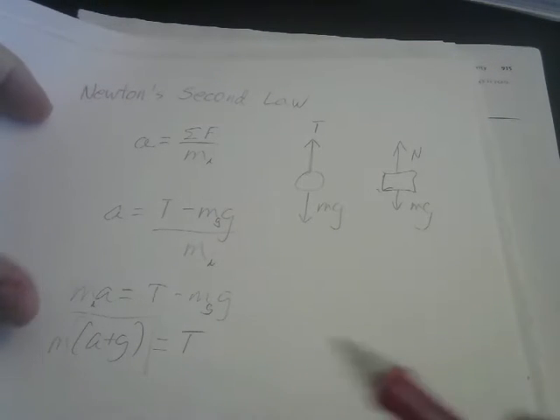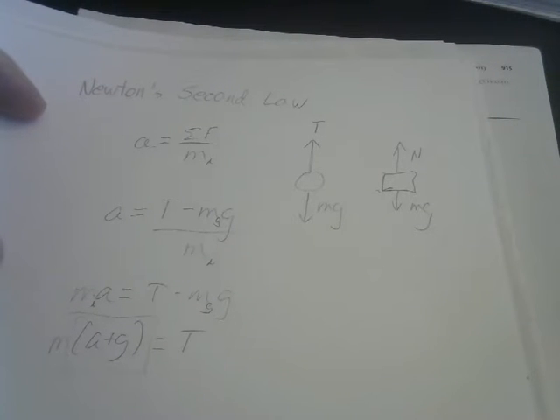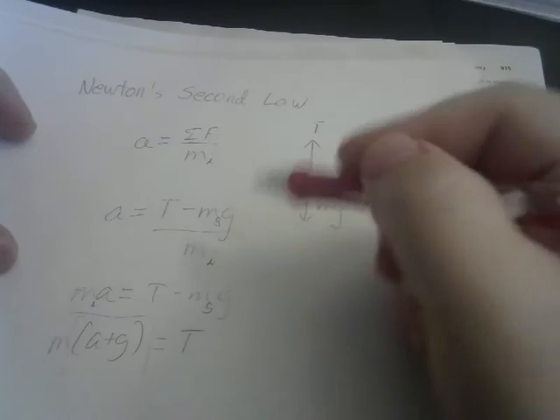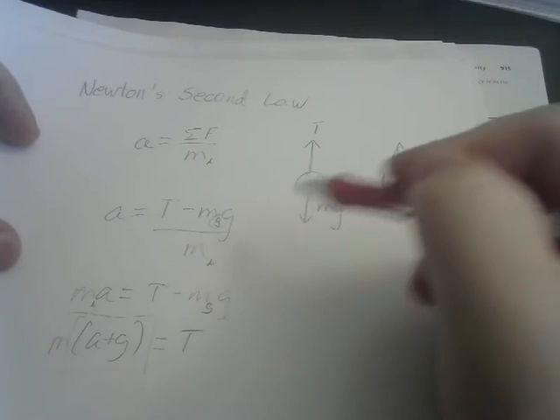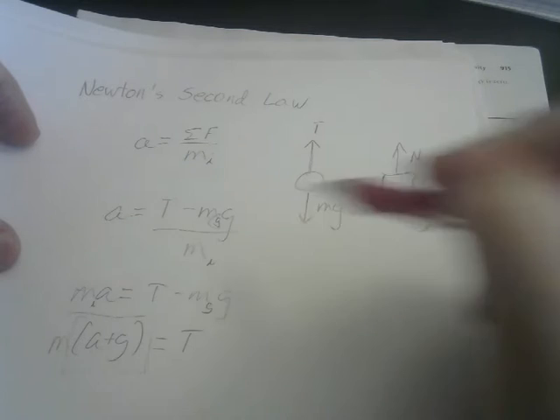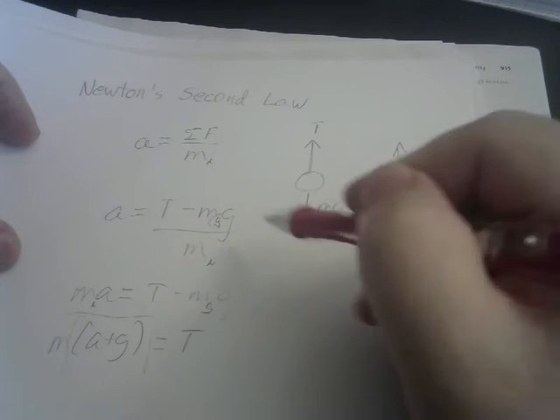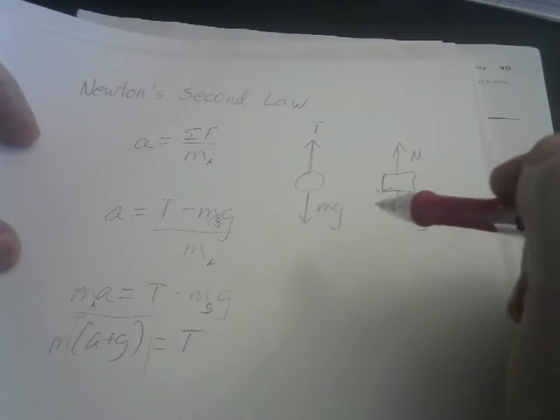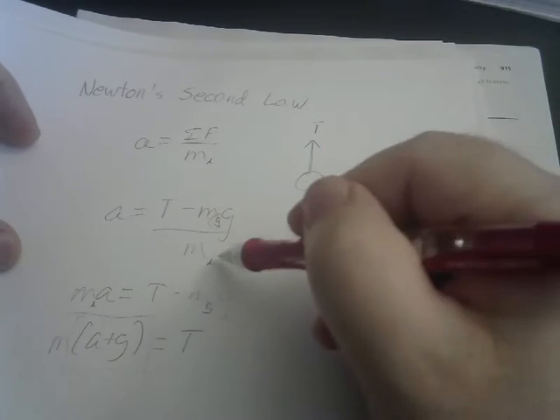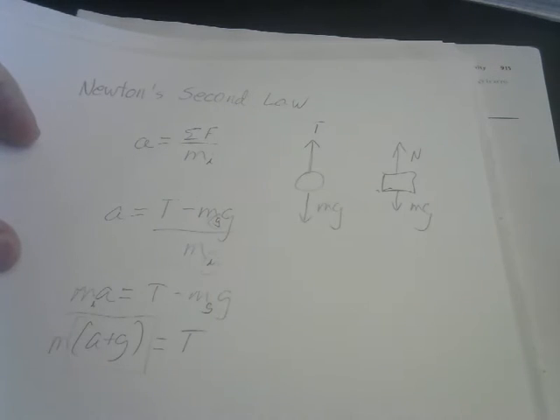And then we pull that out, and we've got m(a plus g) equals T. Okay, so this is interesting, and we have pretty much assumed this to be the case throughout the semester, that the mass that is affected by the gravitational field and the mass that is due to the inertia is the same.